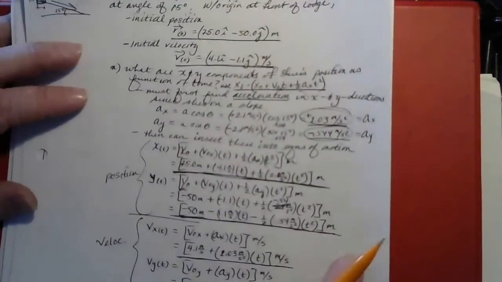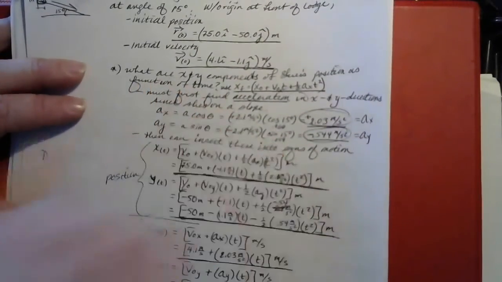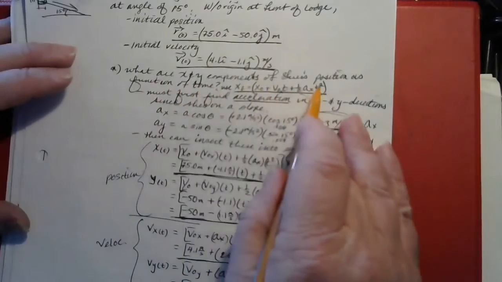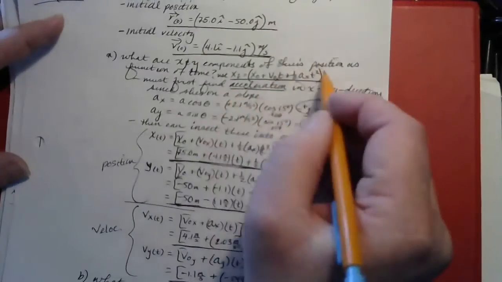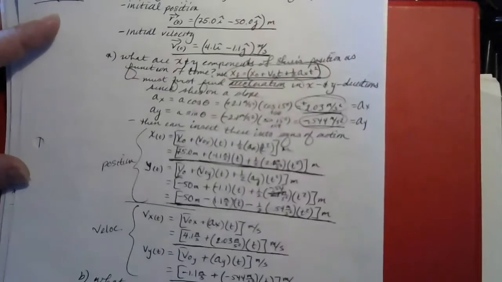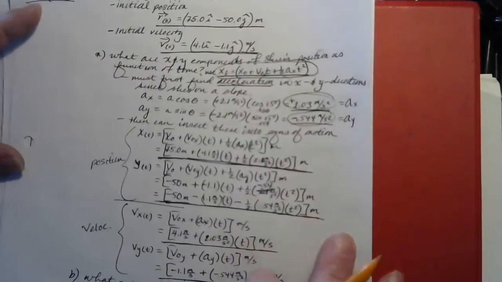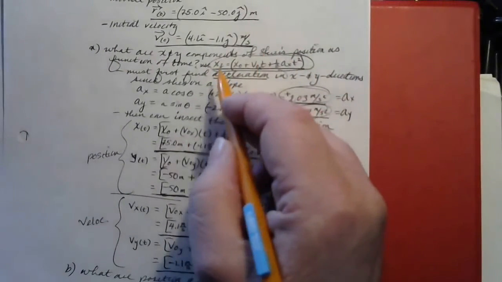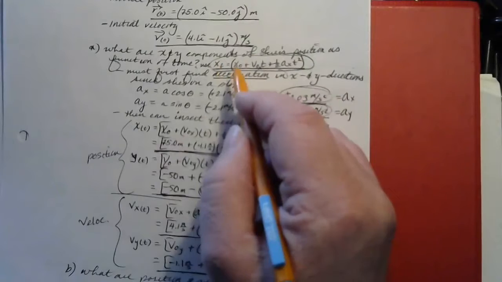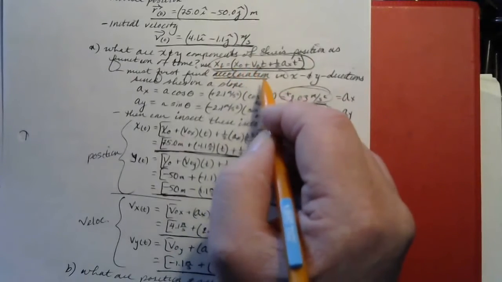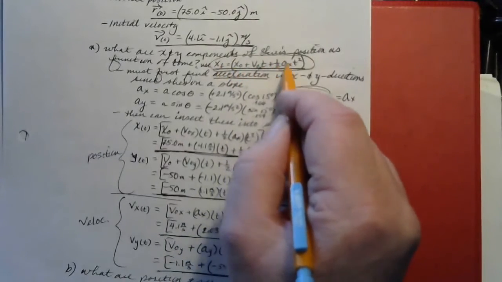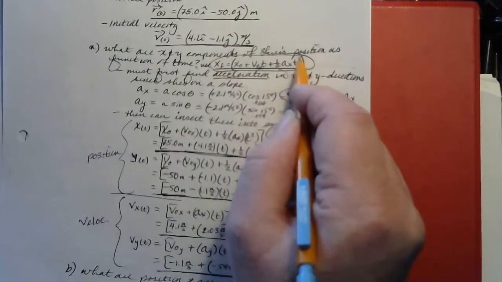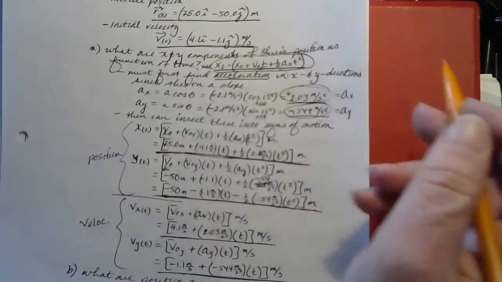And so the question is asking, first of all, what are the x and y components of the skier's position as a function of time? To find that out, we're going to use the equation x final equals x original plus v original in the x direction times time plus 1/2 acceleration in the x direction times time squared for the x direction.